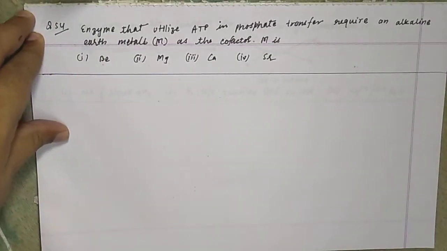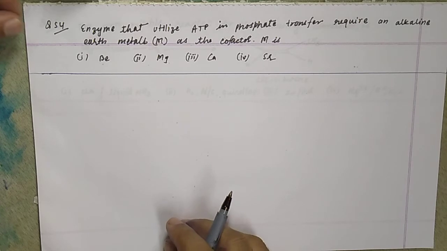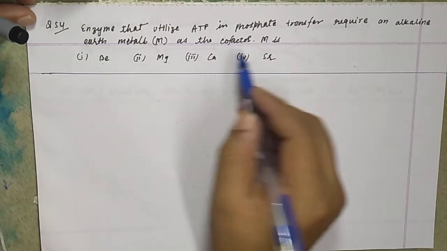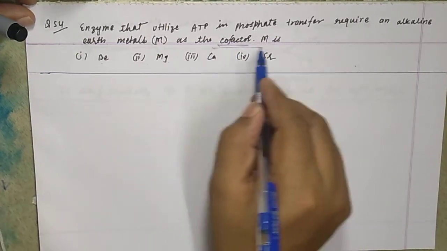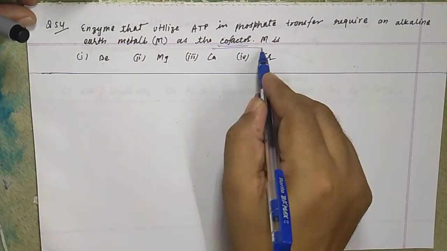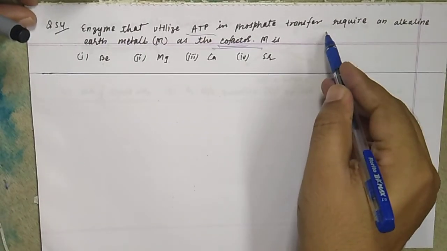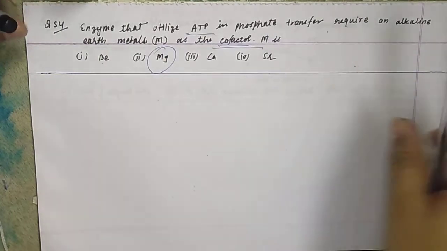The next problem is: an enzyme that utilizes ATP in the phosphate transfer requires an alkaline earth metal as a cofactor. In the alkaline earth metal chapter it is also given. The enzyme that utilizes ATP in the phosphate transfer requires the alkaline earth metal, and that is a memory based question, that is Mg.